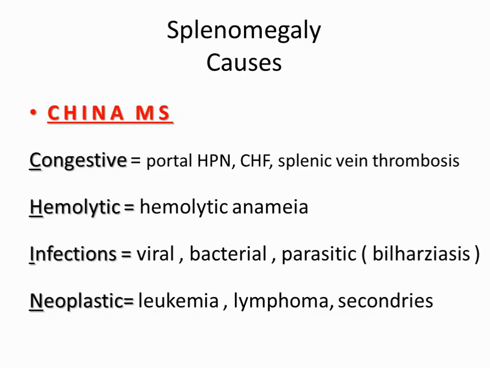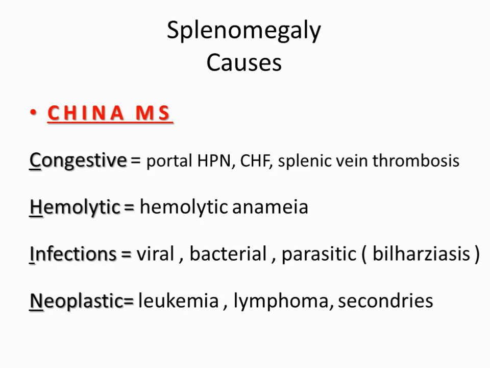Again, we must know the causes of splenomegaly and not forget them. This mnemonic will help you revise and remember them. CHINAMS. C is for congestive: portal hypertension. H is for hemolytic anemias.